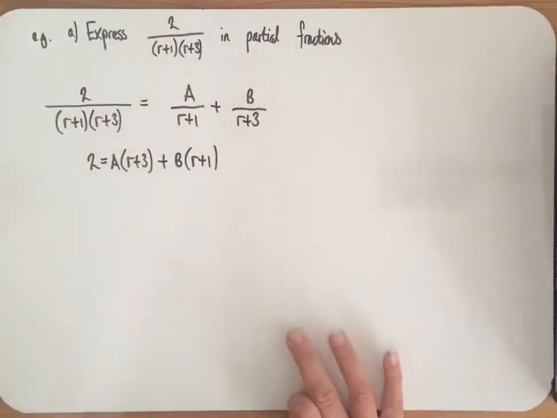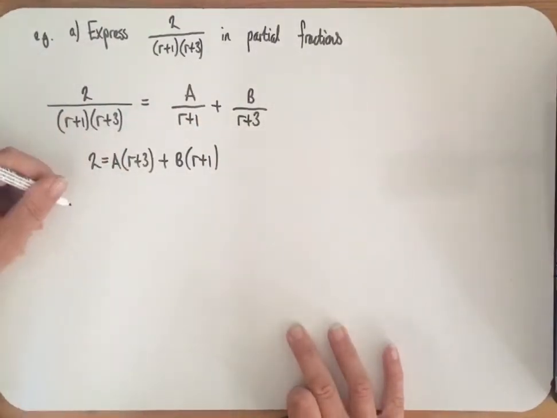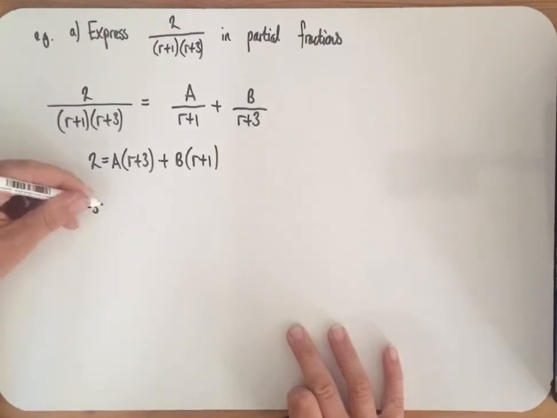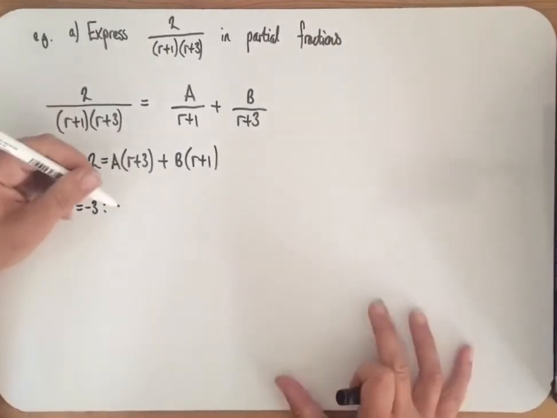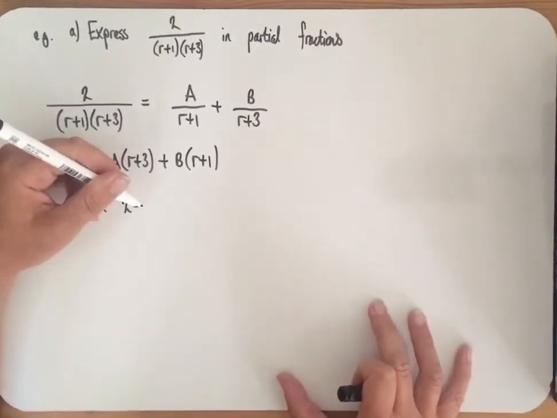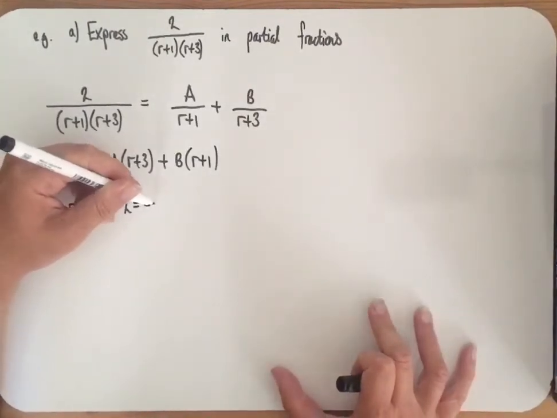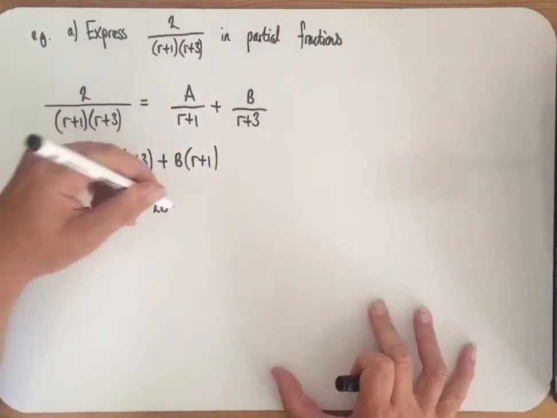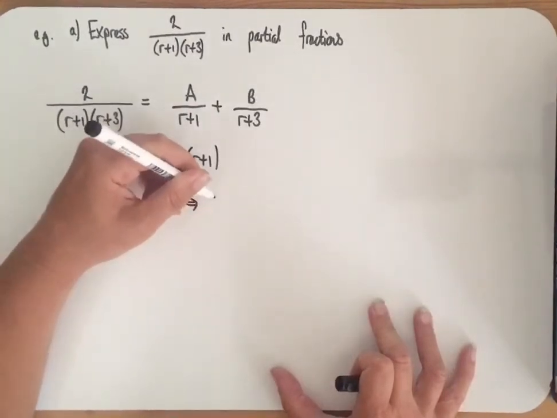And then if I let r equal minus 3, that sets this bracket to 0. So 2 is equal to minus 2B and B equals minus 1.